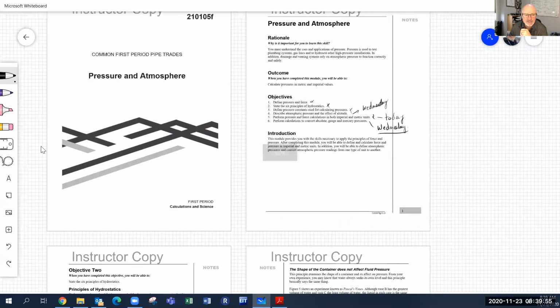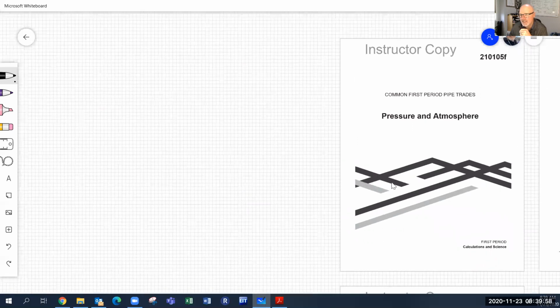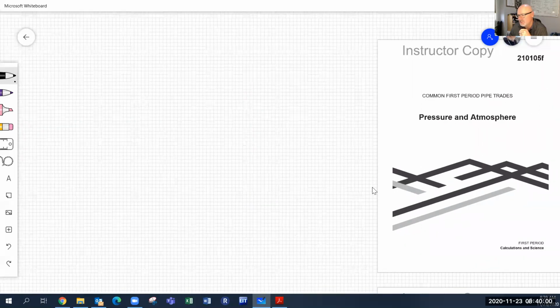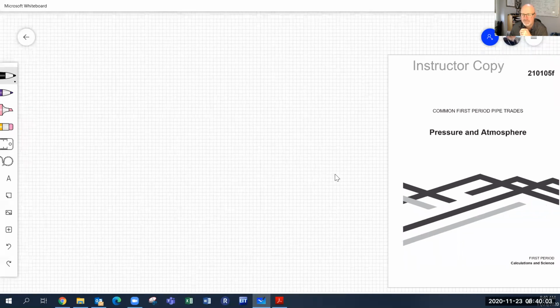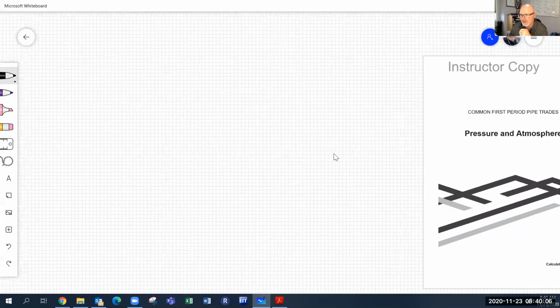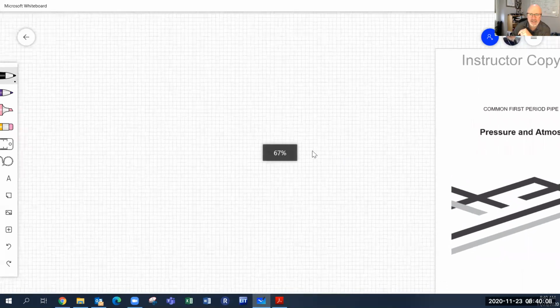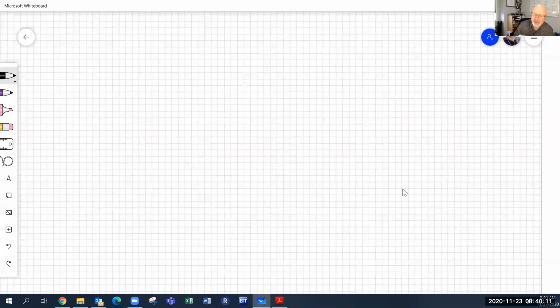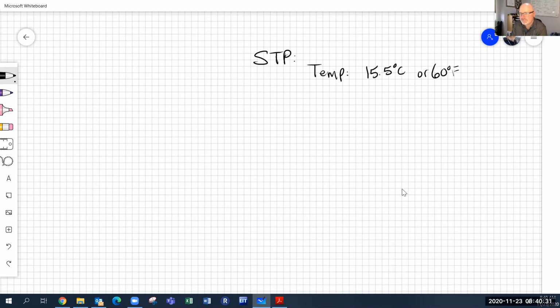Now, your next couple of pages in your ILM, I completely don't like too much. So I'm going to talk about some stuff right now. So first off, we know from previous assignments, we know what STP is, right? And STP was standard temperature and pressure, and standard temperature is, as you know, 15.5 degrees Celsius or 60 degrees Fahrenheit.